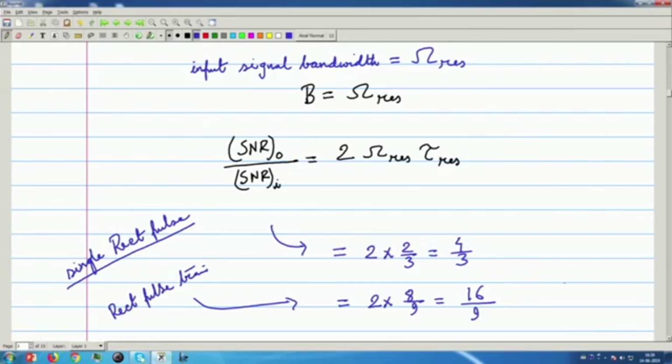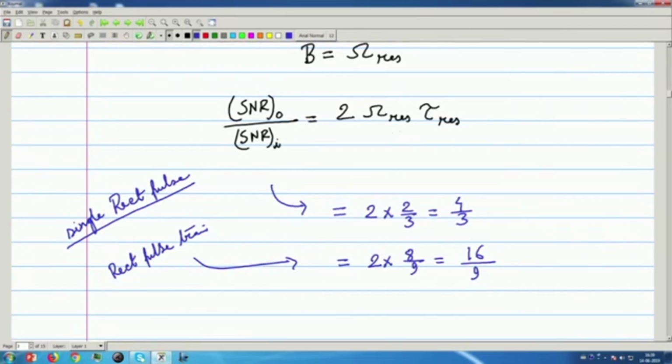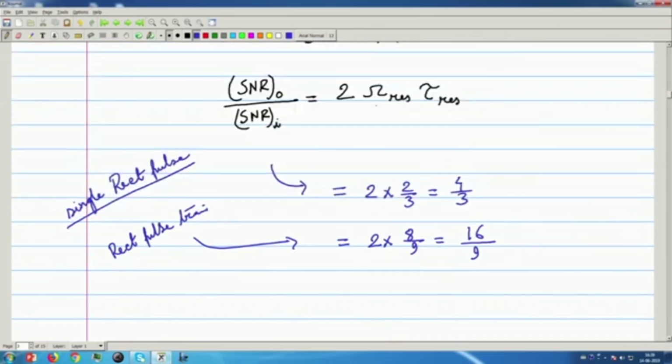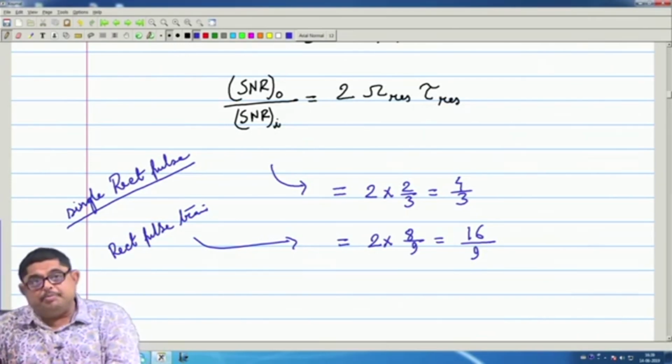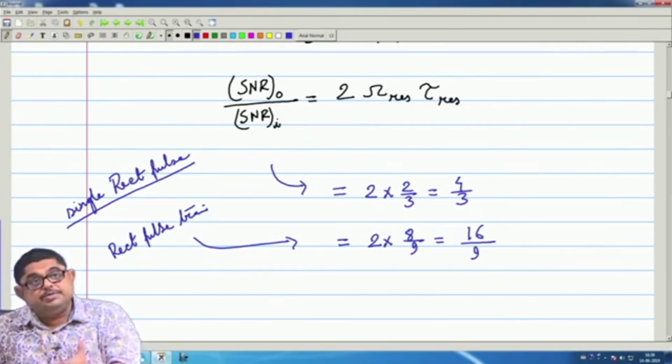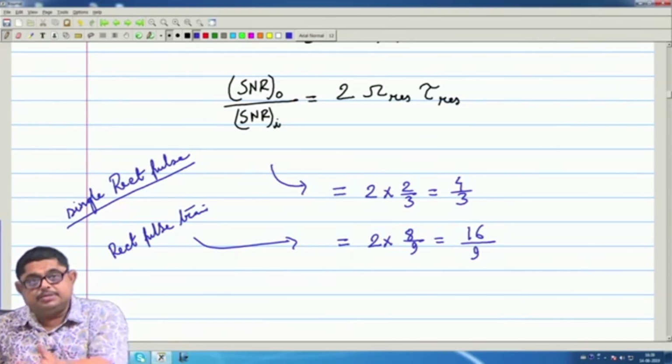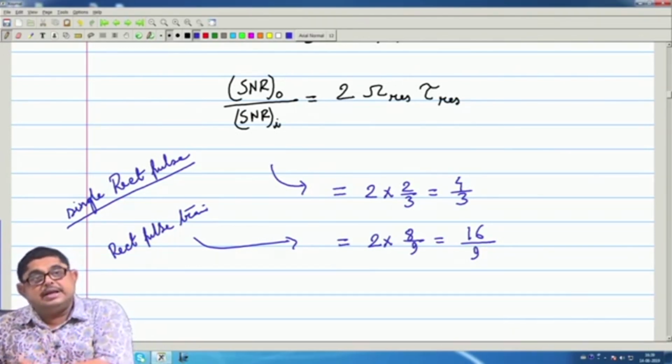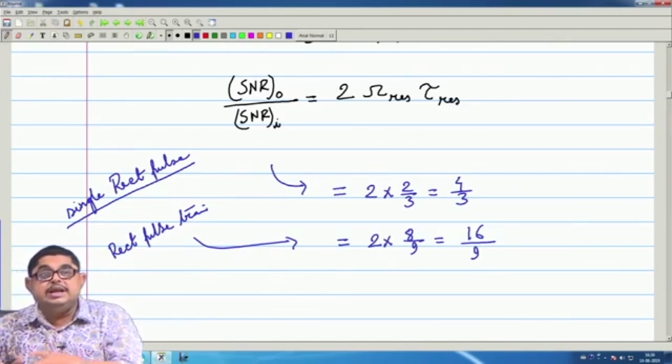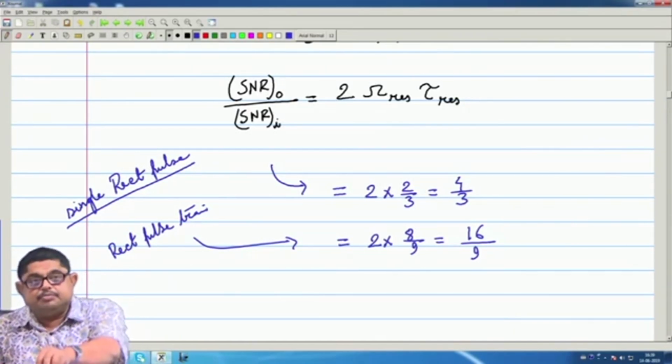So, the point is this product, gamma resolution into omega resolution into tau resolution, is an important parameter. It gives good detection if we can make this product more. Also we have seen that if we can minimize this, then the resolution improves, and we should be able to do that independently.